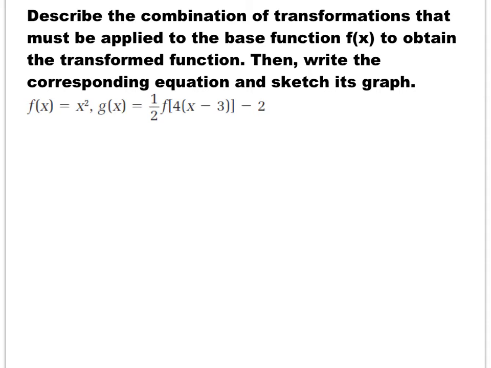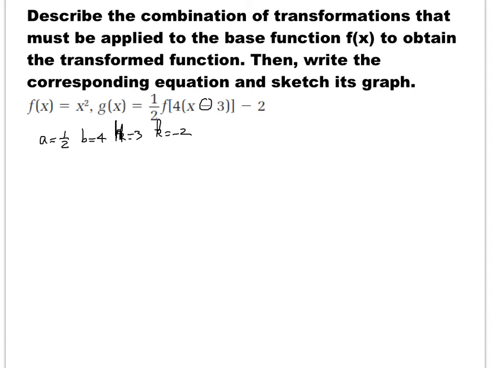If we look at the transformed function, we can see that a is equal to 1 over 2, b is equal to 4. Remember, the formula is already negative, so h is 3, and k is equal to negative 2.